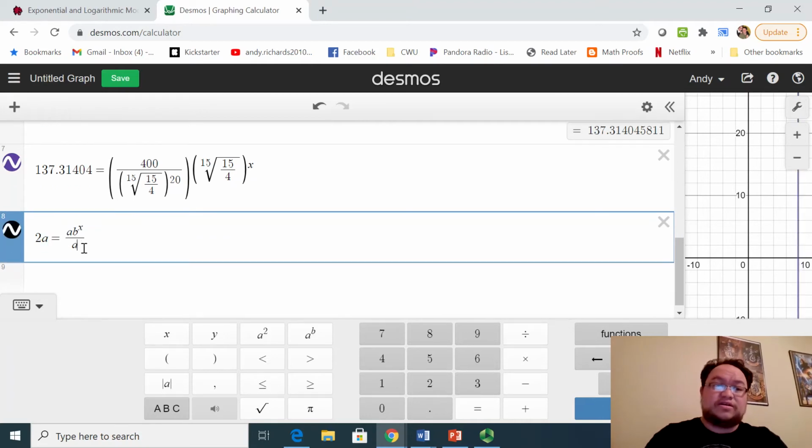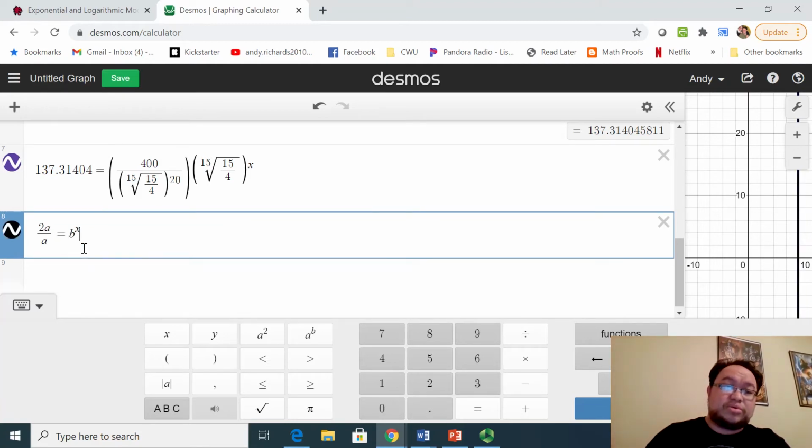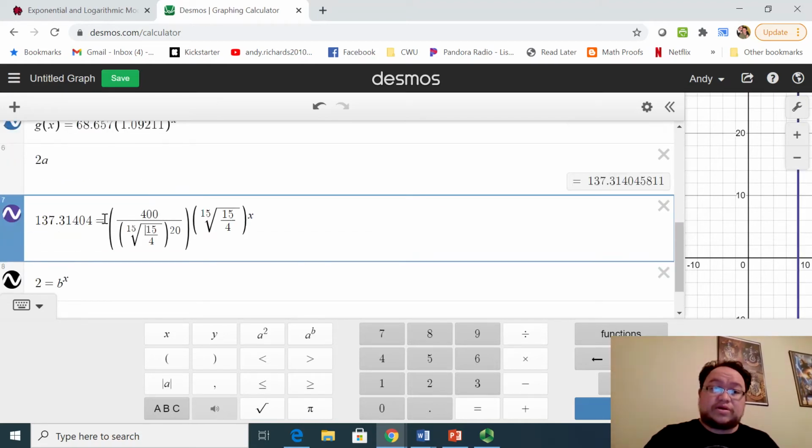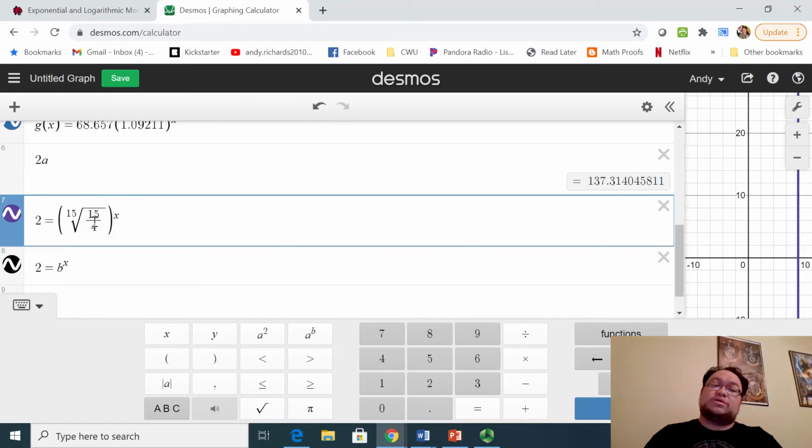If I divide this by a and I divide this by a, what we're left with is just some b to the x here, and then some 2 left over here. So regardless of whatever's there, since it's the doubling time, I want to know, well, when does that growth factor get to 2? So that's one piece of it.